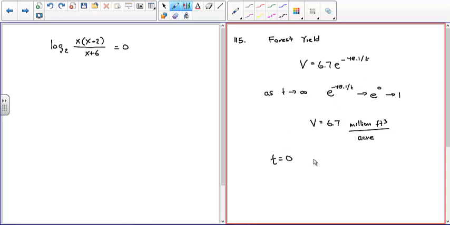At t equals 0, you'd have 6.7 e to the infinity, right? Because you plug 0 in there, and you'd have something over 0.